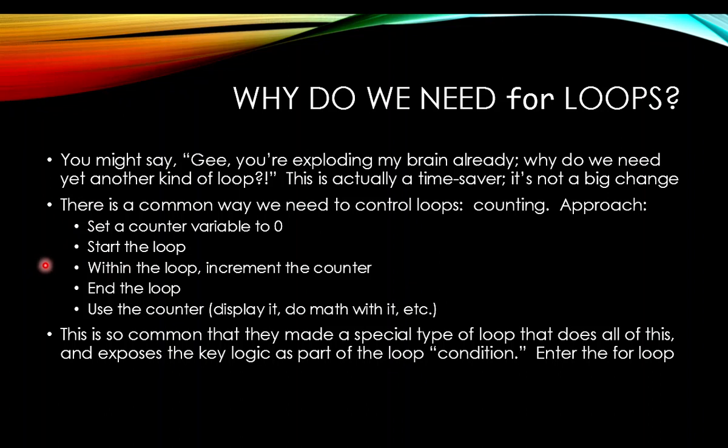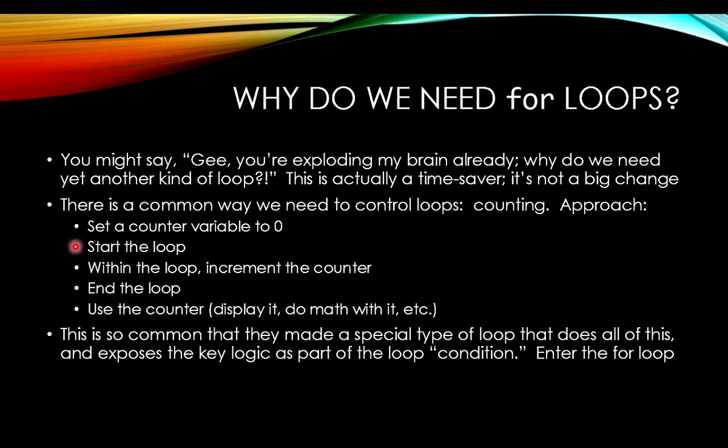Then you use the counter after the loop to display it, to do math on it, whatever you need to do. So you very often do this, and this start the loop business, if you're using a while loop, is going to say something like, while I haven't yet done this 5 times, while I haven't yet completed this loop 10 times, where you are using the counter variable to control the number of iterations.